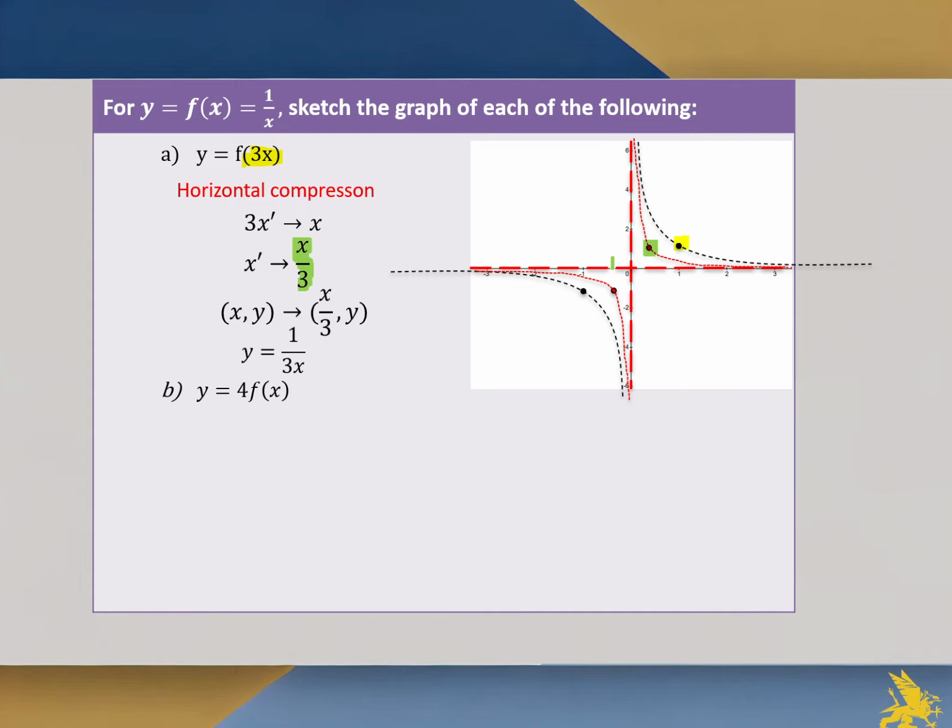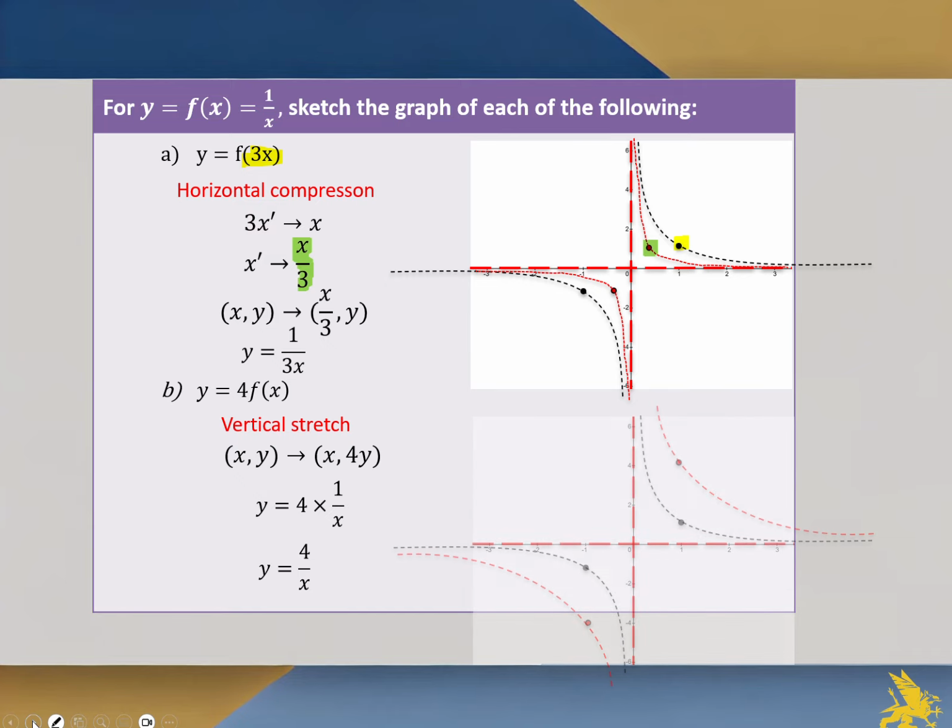So now if we look at it in terms of y equals 4 f of x, the 4 is on the outside and it's showing us that there's going to be that vertical stretch right there. So whatever our y value was, we're timesing it by 4. So I know my y value is 1 over x, so I'm just timesing that by 4 and simplifying that to 4 over x.